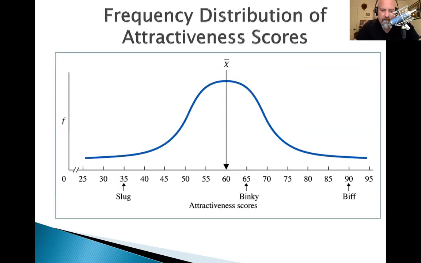Okay, I'm going to copy this down on my whiteboard because I'm going to use this graph as a reference, and this gets me into my second z-score story. I'm going to copy this distribution down. Just bear with me.